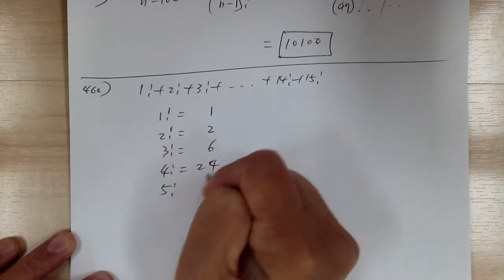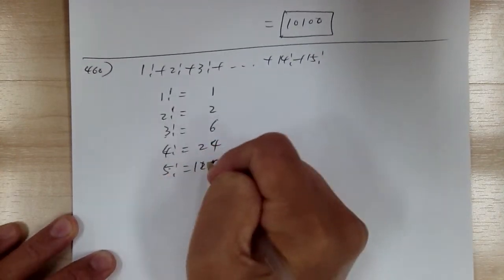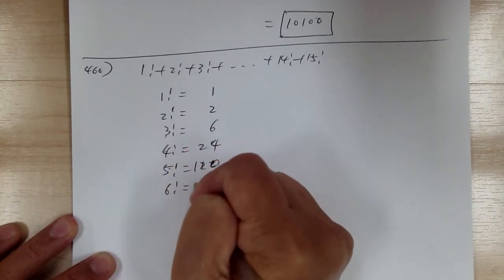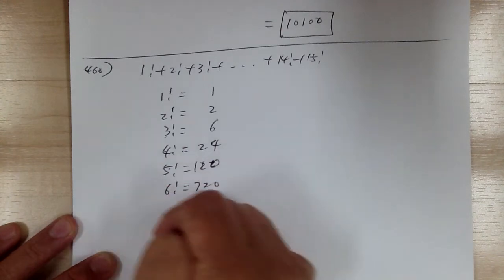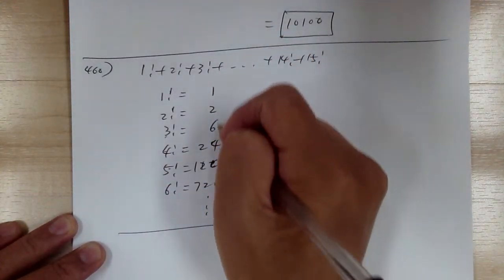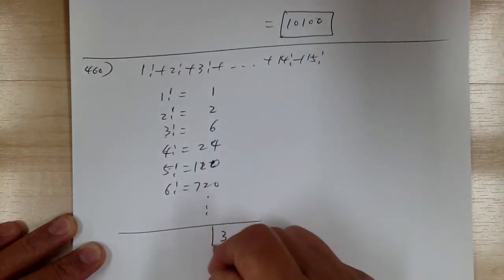And 5 factorial gives you 120. Once you reach 5 factorial, the unit digit is going to be 0, so it doesn't matter what the rest are, all the unit digits will be 0. So all you have to do is add these together, which gives you 3, and you carry, so the unit digit will equal 3.